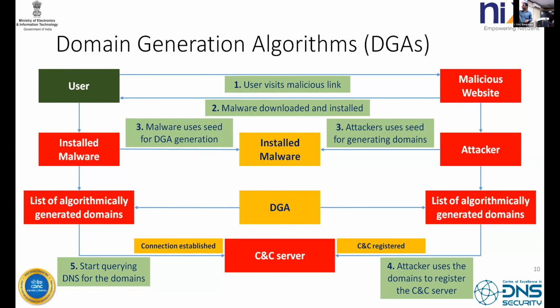And at the same time, when the registration is active, the implanted malware on the victim's machine queries for the domain which was generated at the victim machine, right? So the CNC will be accessible during that time.